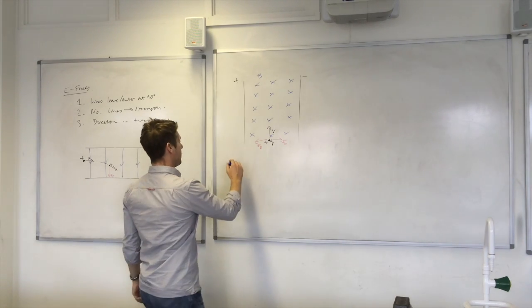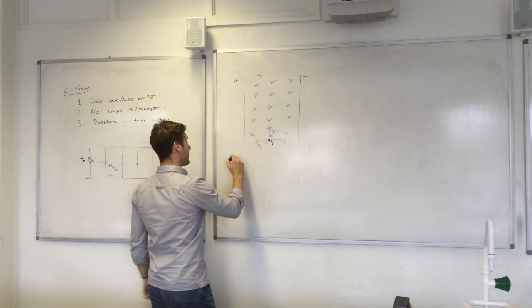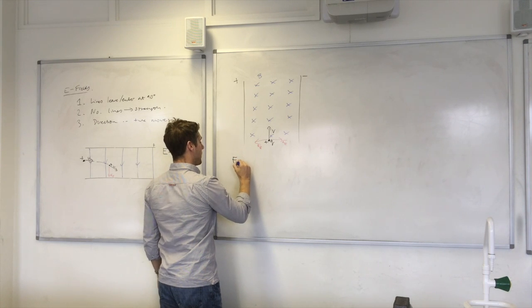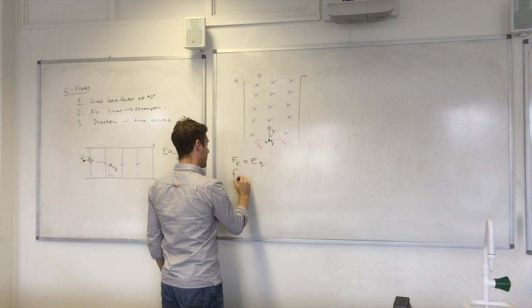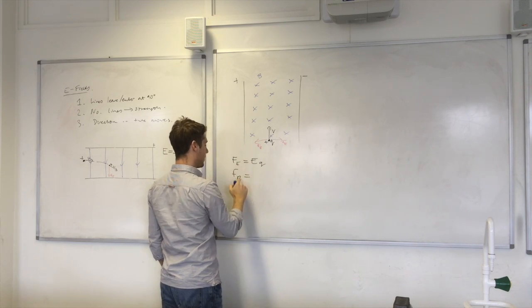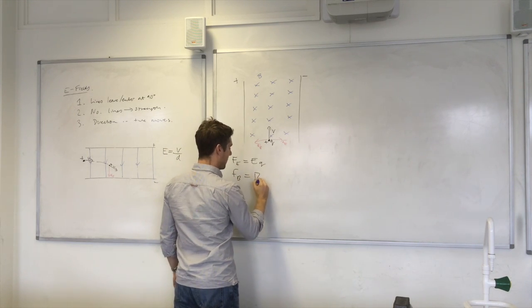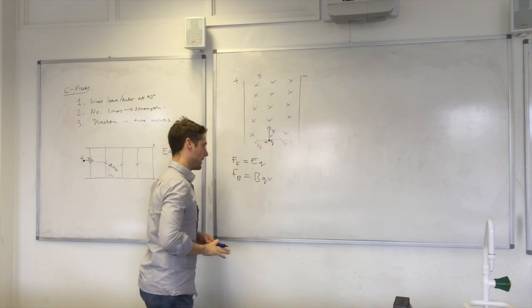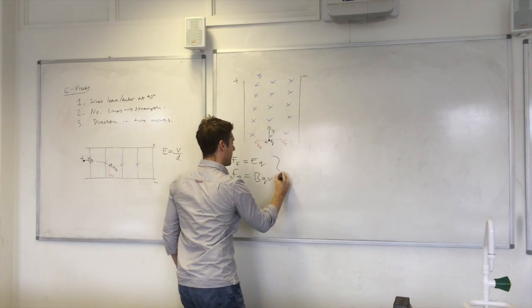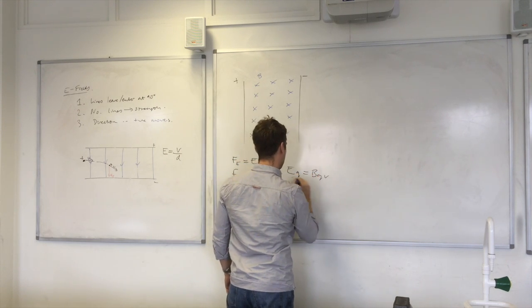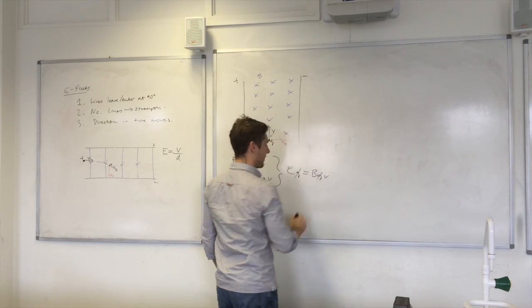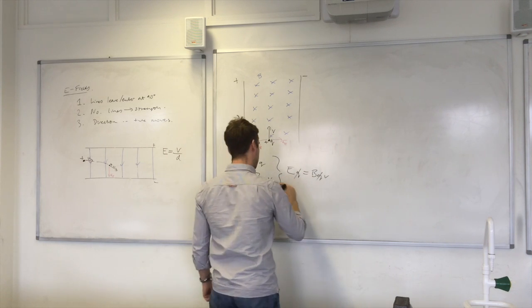So what velocity would be undeflected? Well, FE is E times Q, and FB, that's electric, magnetic, is B times Q times V. So those two are equal, therefore EQ is BQV. Q is the same on both sides, so that cancels out.